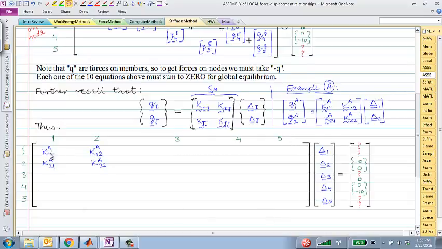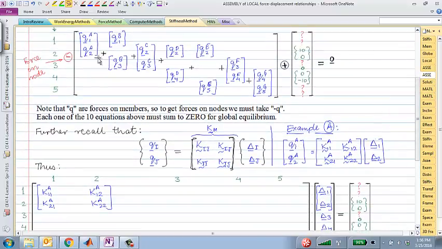Let's verify. KA11 times delta 1 plus KA12 times delta 2. Everything else here right now is 0. So all I did here was this 4 cross 4 matrix times this 2 cross 1 vector. If I take this matrix times this vector, I would get the original QA1 and QA2, right? Which is what I need here.